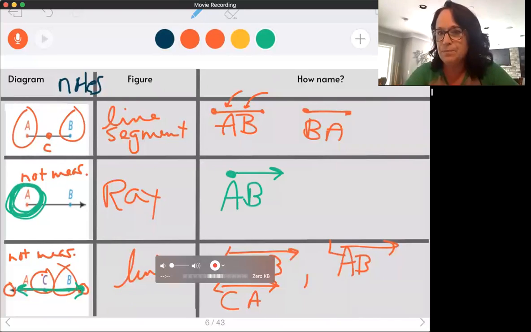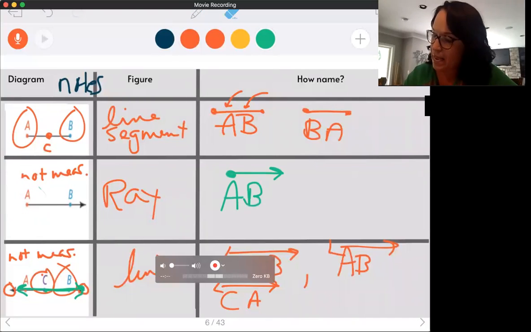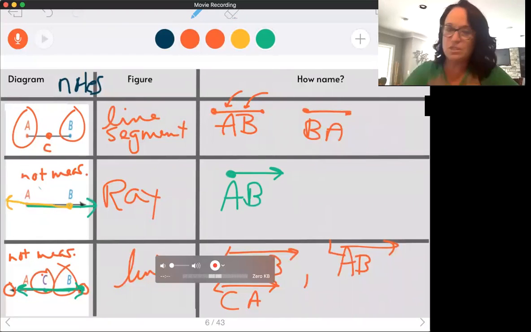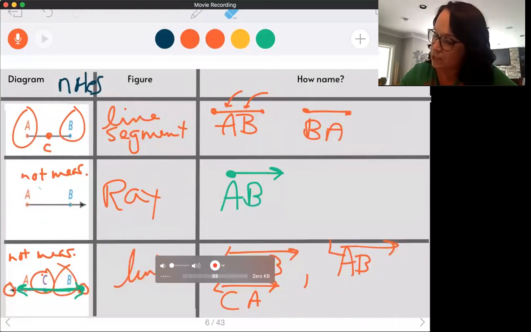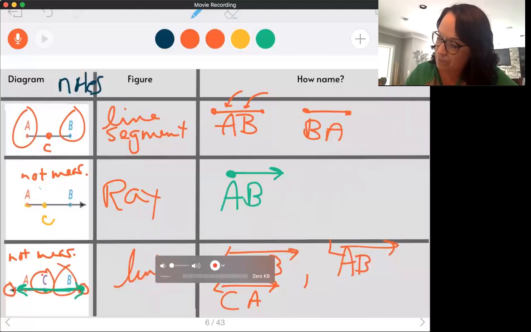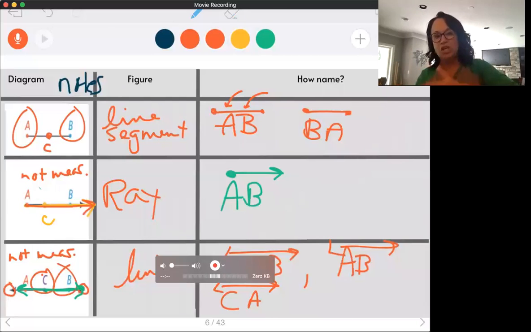Ray AB and ray BA are not the same thing. Ray AB is green. Ray BA is yellow. You'll notice they're not the same. Now, let's put a C on there. Ray AC is the same as ray AB because they both have that same, I call it shout out point.